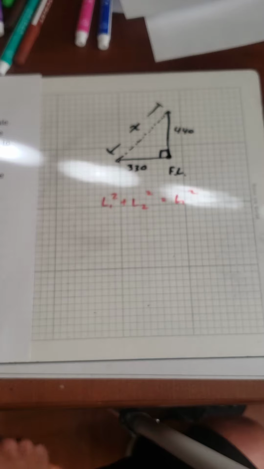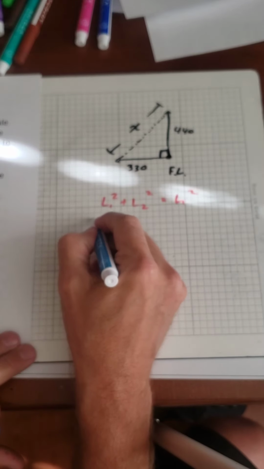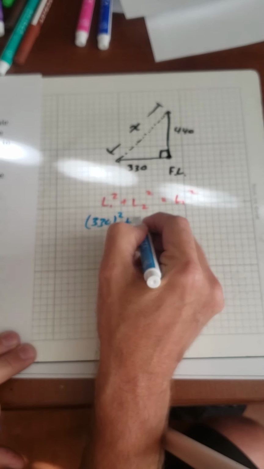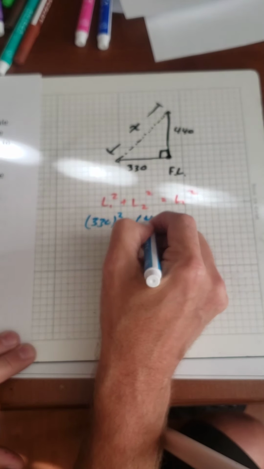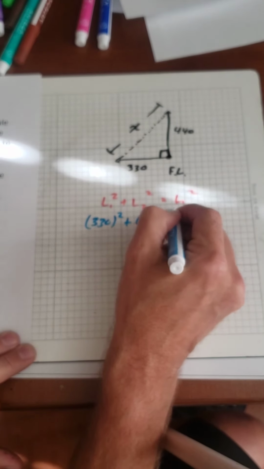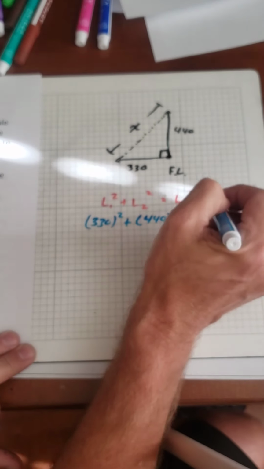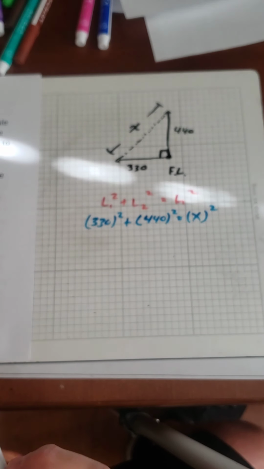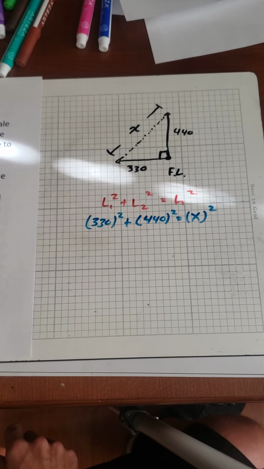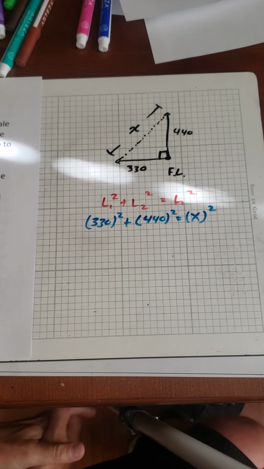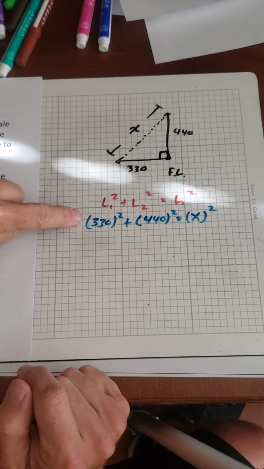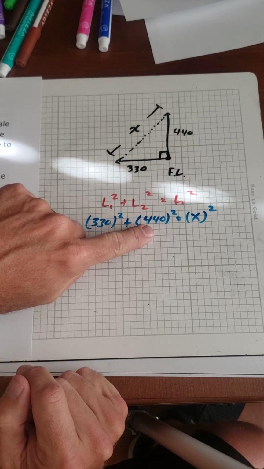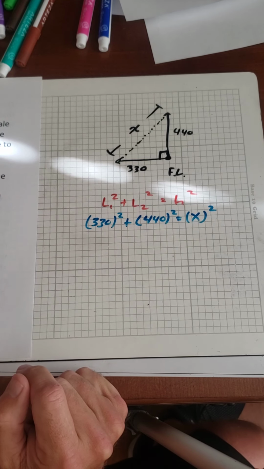And my L1 is 330 squared. And my L2 is 440 squared. And my hypotenuse is x squared. All right. So right now, at this point, I'm going to say, okay, 330 squared plus 440 squared is equal to hypotenuse squared.